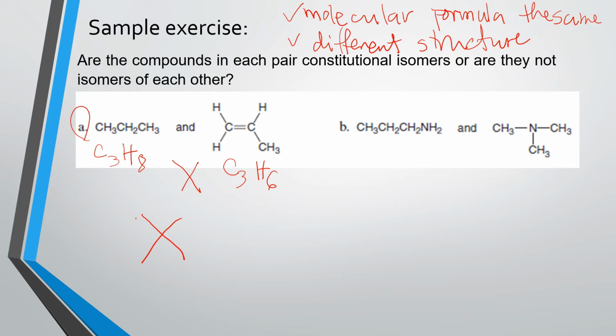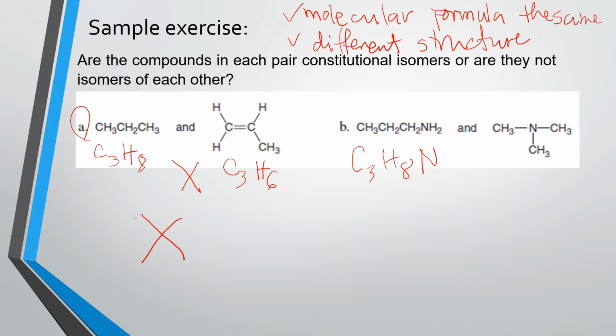Example B. We have, ilang C? We have 1, 2, 3, 4. Ay, 3 lang pala. 3. H 1, 3, 4, 5, 6, 7. 3, 4, 8. N ilan? 1.